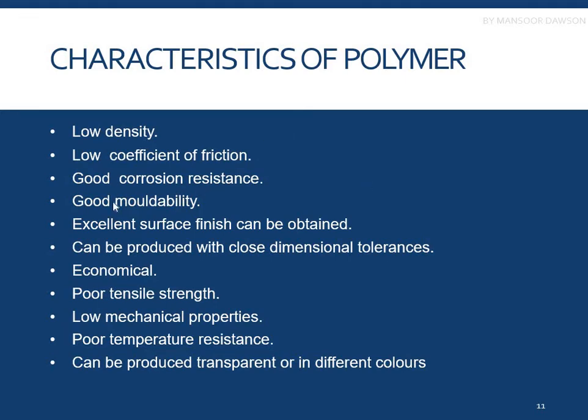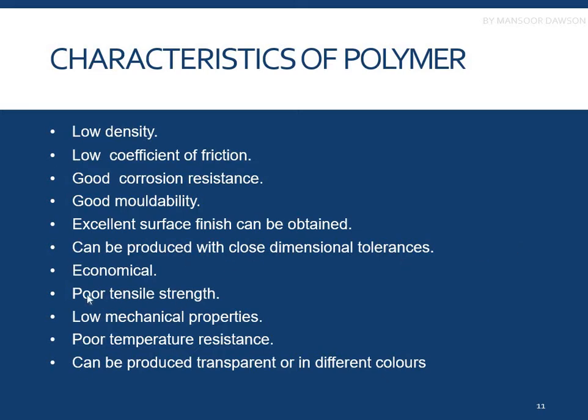Then we have good moldability. Polymers can be easily molded into dies, into shapes. They have an excellent surface finish, which is not usually obtained in metals or woods. They can be produced with close dimensional tolerances.